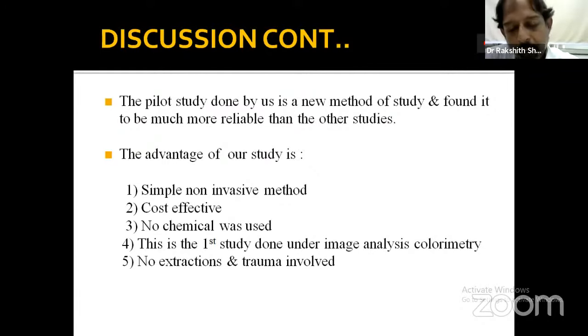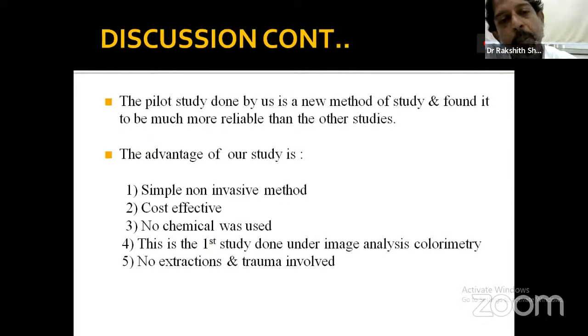Now, there are certain disadvantages. When you remove the cellophane tape with which we take the enamel imprint, the problem is we cannot store that particular imprint. The imprint disappears. This is the only disadvantage which we found.